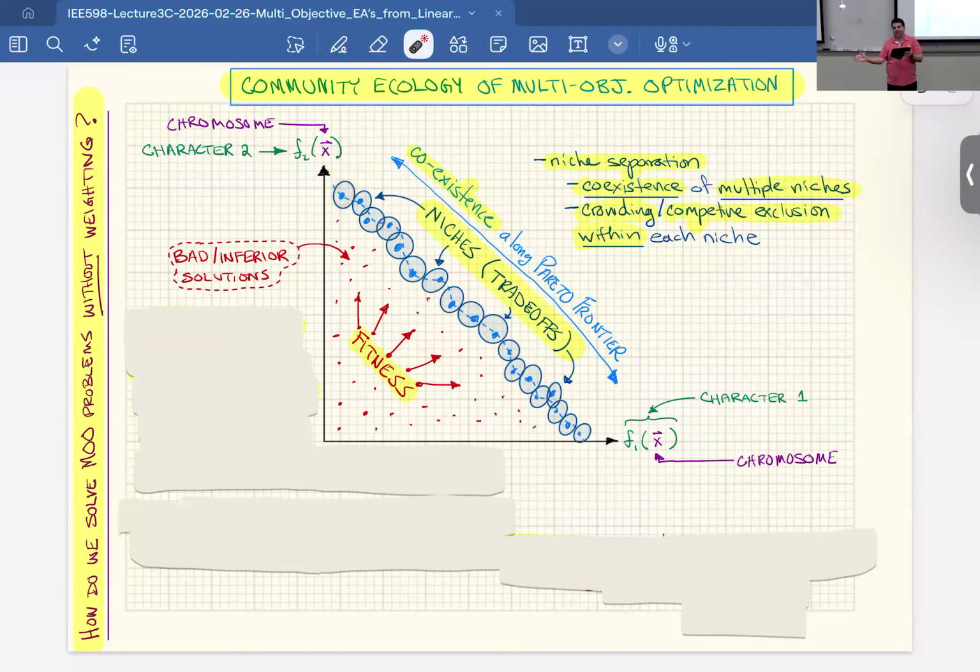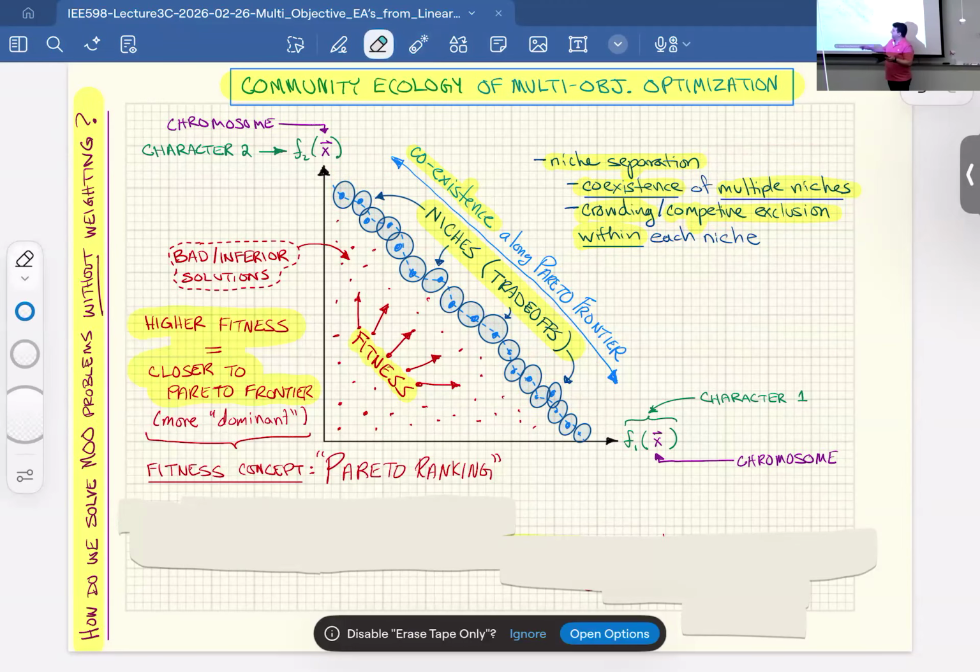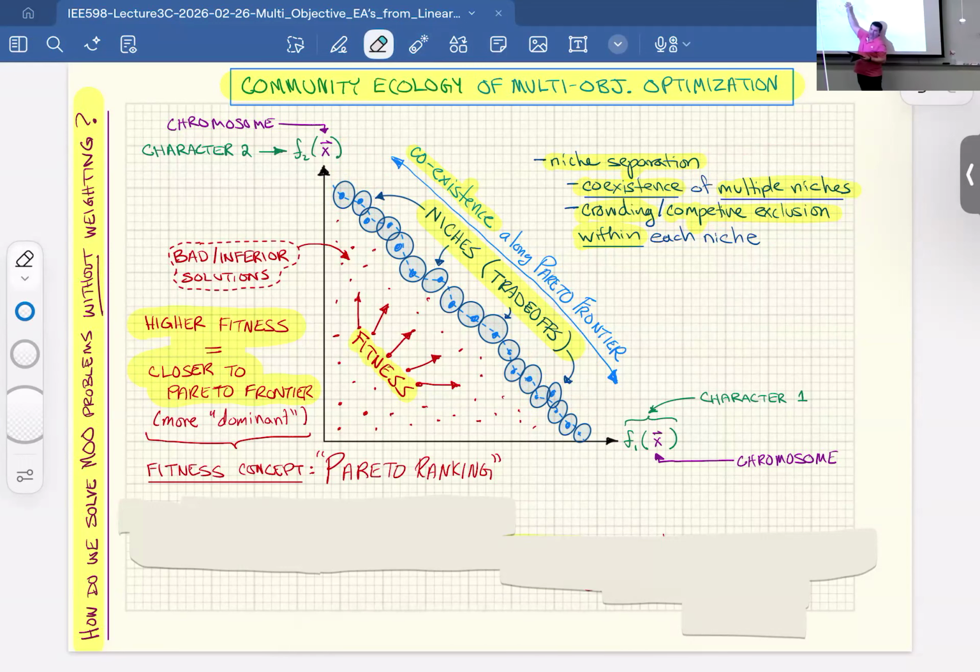If I have enough individuals in the population, I'd rather one individual stick with this niche and another individual go to a nearby niche. So I want competitive exclusion within the niches, and coexistence across the frontier in multiple niches. So that's what I need: a fitness concept that brings me toward the frontier, and a diversity concept which generates niches.